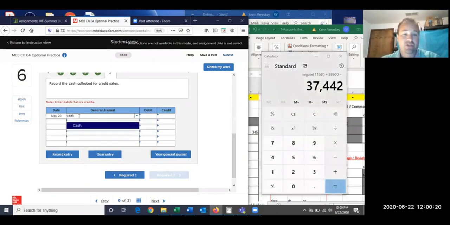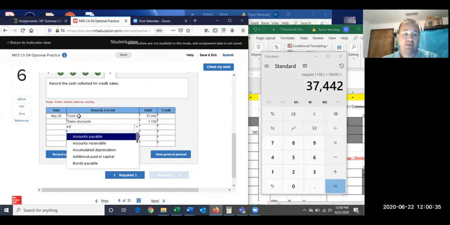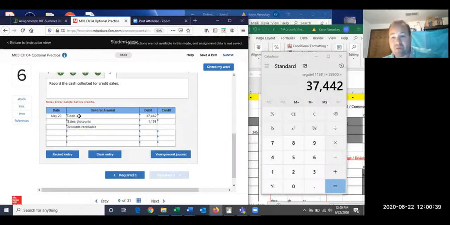So we got cash because we're Troy this time, $37,442. The reason we didn't get the full 38 is because we gave them a sales discount, the 1,158. And where'd it come from? It came from the amount that was owed. The full amount owed from their receivable was 38.6.